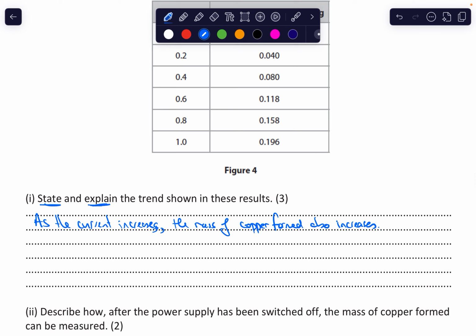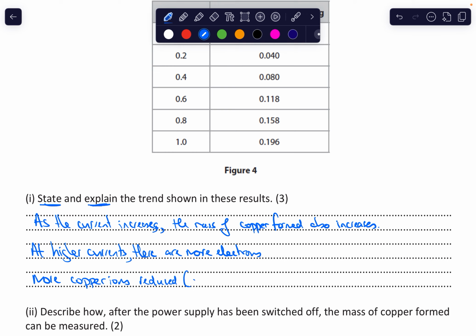Why does this happen? So this happens because at higher currents, there are more electrons. Remember, a flow of electrical current is a flow of electrons. And because there are more electrons, we can get more copper ions reduced.